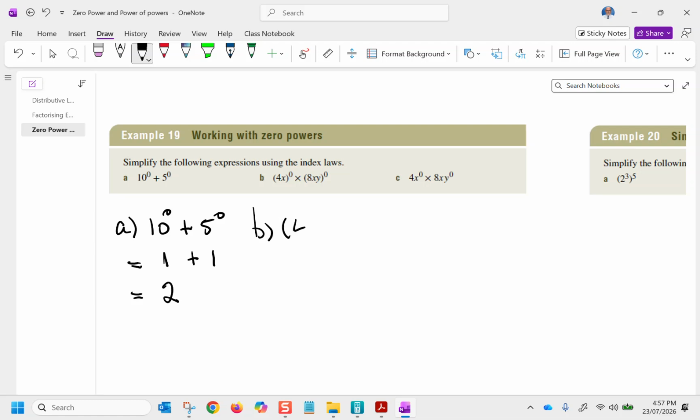For part B, now there's a bracket, 4 times x to the power 0 multiplied by, and another bracket, 8xy to the power 0.